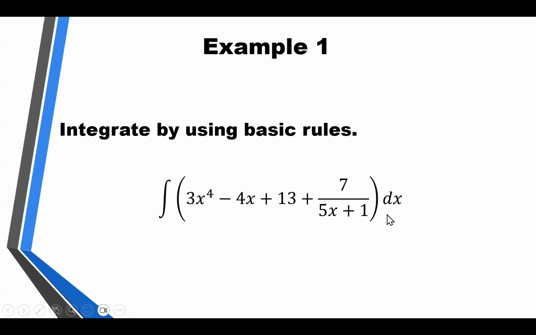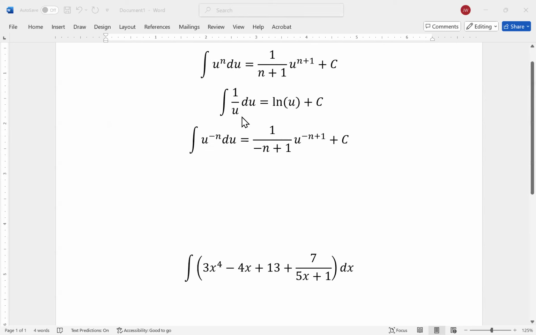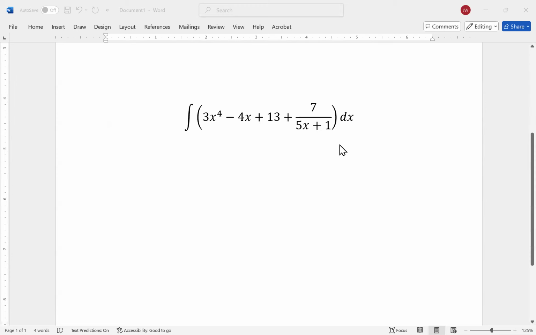We're going to integrate that with respect to x. So this one is already set up in a way which coincides with these rules. It's already set up in pieces that look like this. So I can go ahead and quickly find the antiderivative here.